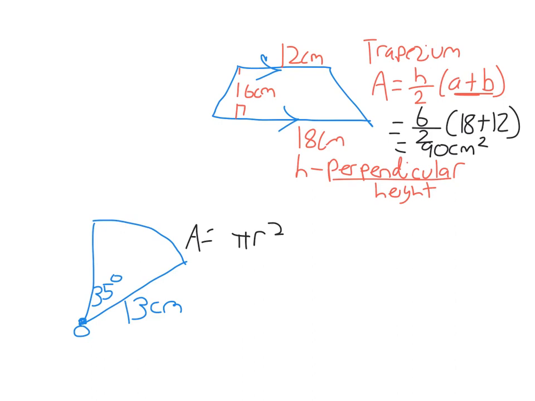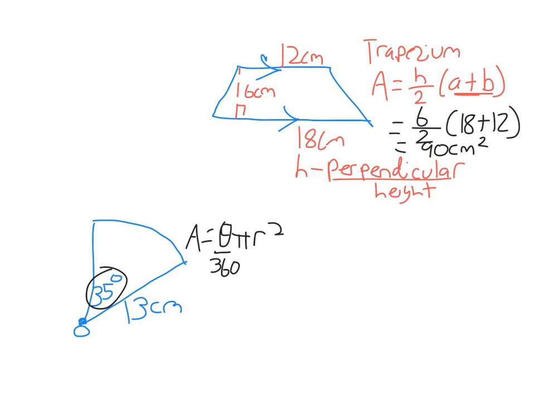So if we have part of a circle, we look at the angle in the middle. So we know that a full circle has 360 degrees. So what we do is we take theta, the angle that we have in the middle, the angle of the sector, and divide by 360. That tells us what fraction of the circle that we have.